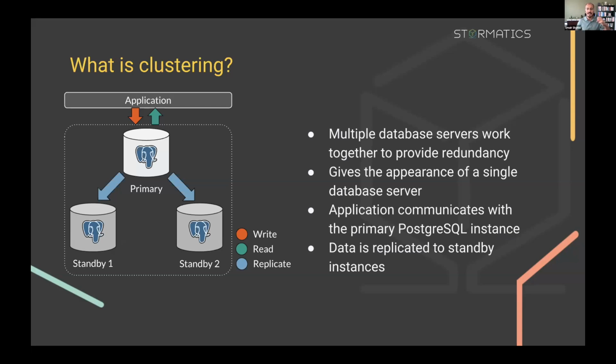The application communicates to the primary server, which you can see at the top, and the data gets replicated to multiple standbys, which you see at the bottom, standby number 1 and standby number 2. So the application only sees a single server, which it is writing to and reading from, and there is redundancy within the cluster. That's how clustering is implemented.